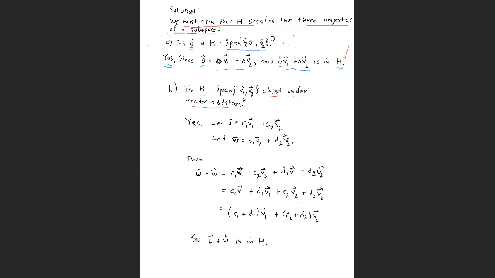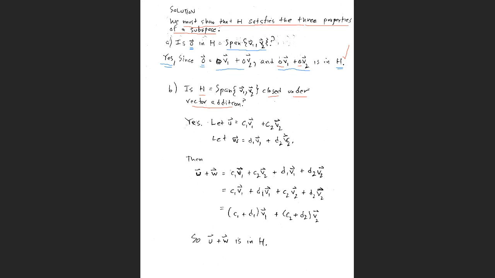So we need to try to prove that it is. We're going to pick two vectors in our space H. Of course, any vector in space H would be a linear combination of v1 and v2, because any vector in space H is in the span of v1 and v2.